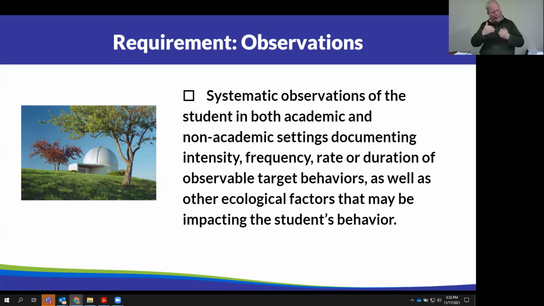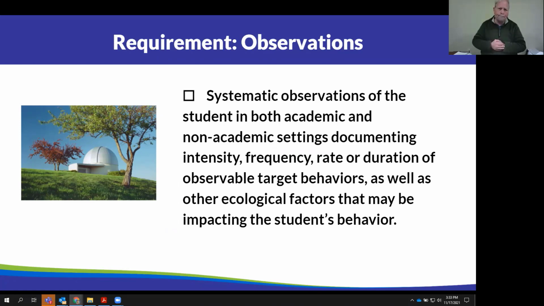So you might see observable indicators of anxiety: nail biting, pacing, sweating, quick breathing. Avoiding certain people, places, and interactions are also observable signs that are indicators of anxiety. So those are what you're looking at in terms of observation for those internalizing behaviors.